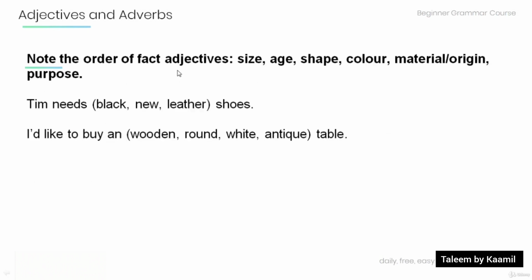Note the order of fact adjectives: size, age, shape, color, material or origin, and purpose. Read the following sentences and arrange the adjectives in their appropriate places. Tim needs black new leather shoes.